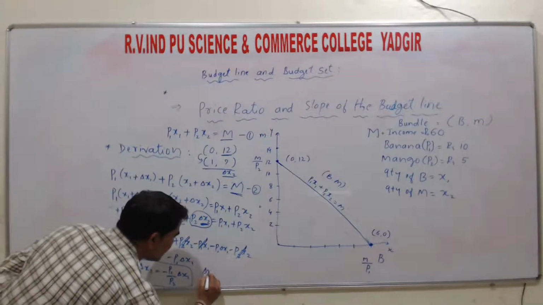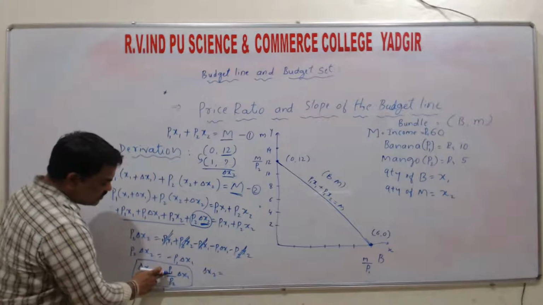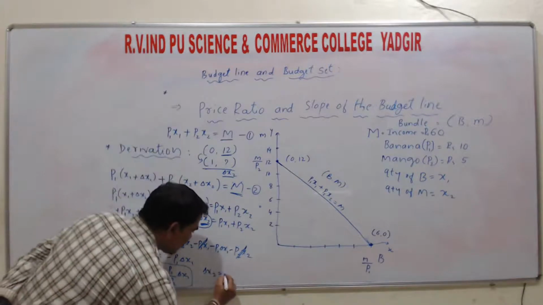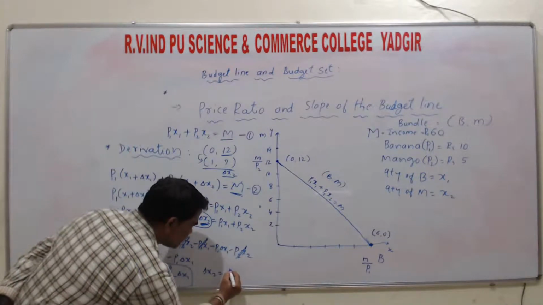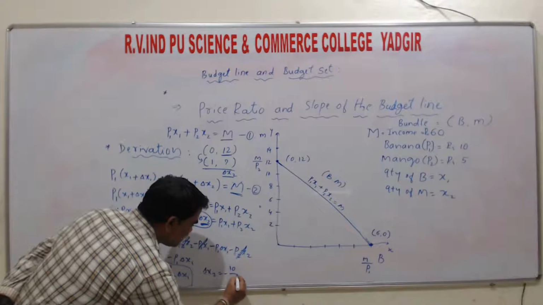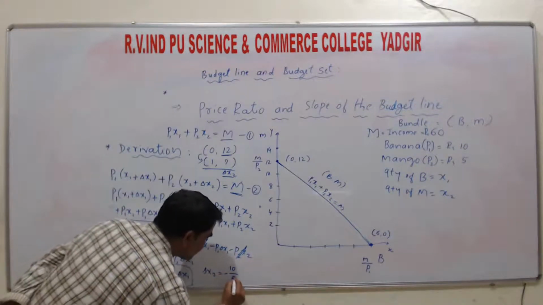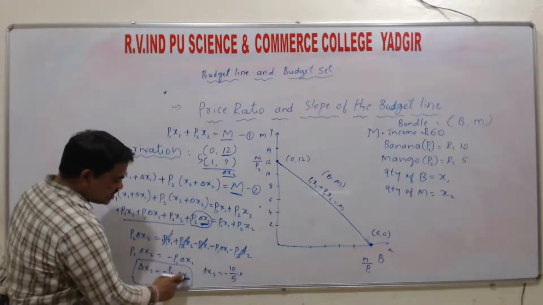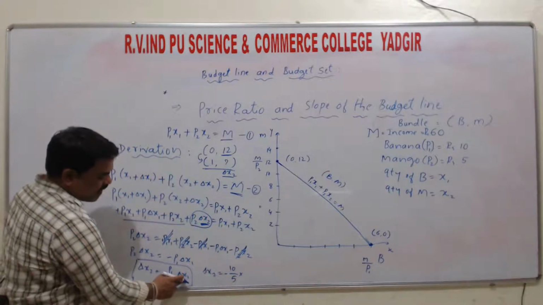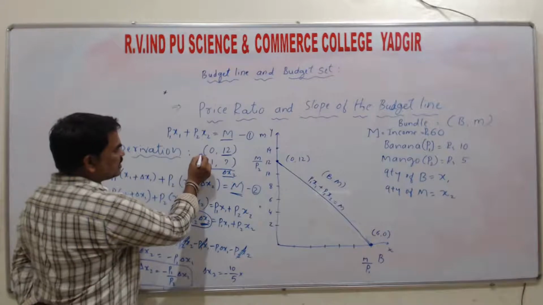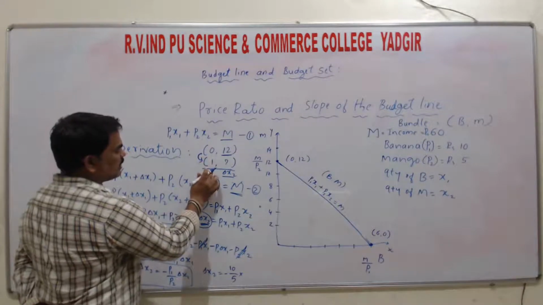Then delta x2 is equal to the price of the banana, P1, minus the price of the banana is 10 and the price of the mango is 5, into the change in the quantity of mango, x1. The change here is from 0 to 1.